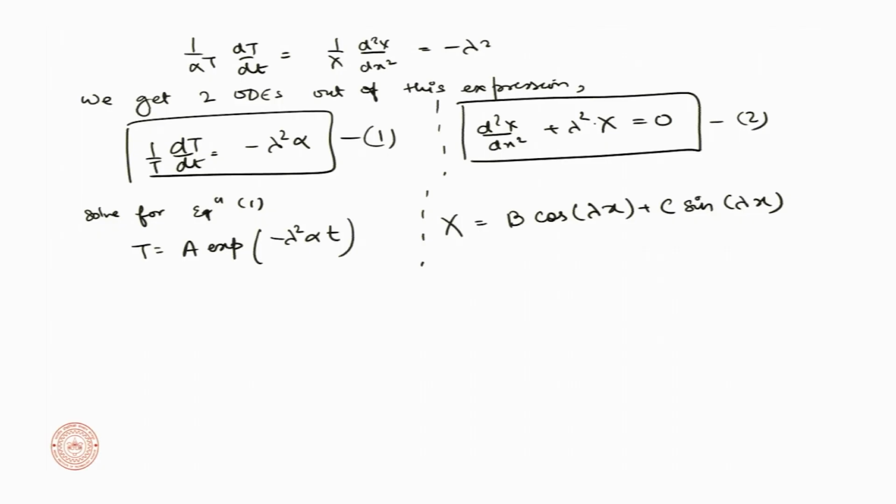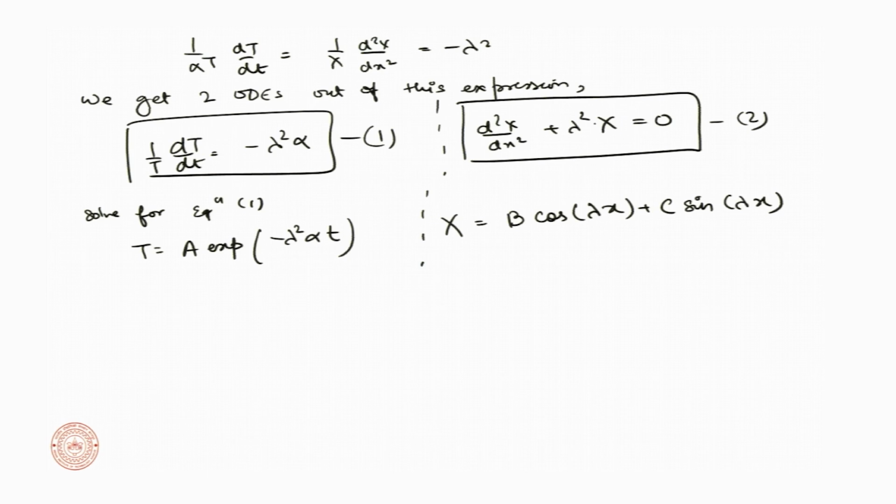Theta of 0 comma t equals theta of L comma t equals 0. So, X of 0 is equals to 0, which is B, and the C part is gone. So, the B comes out to be 0. Then that is our first boundary condition.